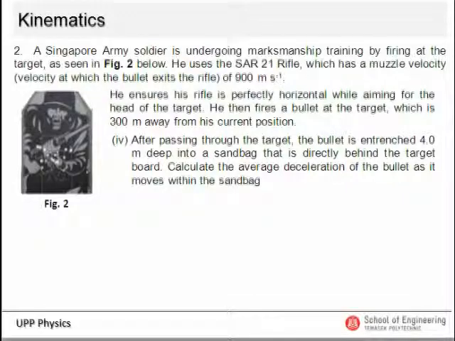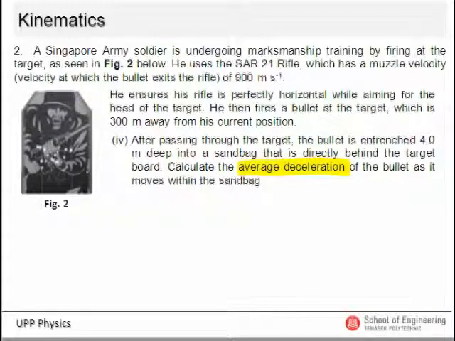Next, notice the question asks for average deceleration. So the next assumption is that the deceleration is constant within the sandbag. And this entire motion occurs in a straight line. So these are the few assumptions that we need to make.